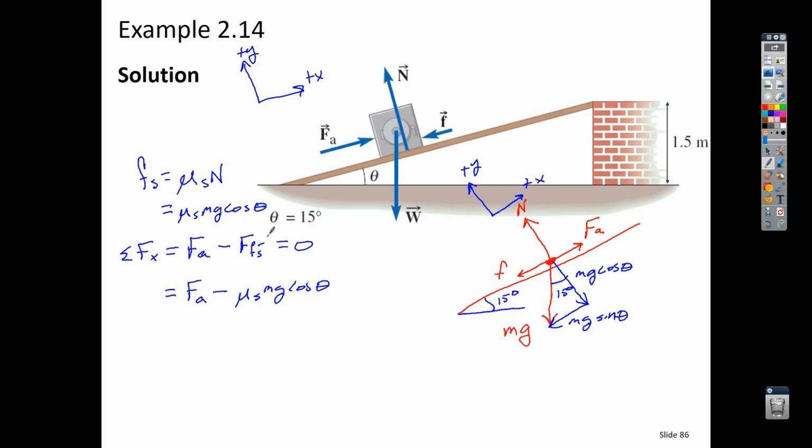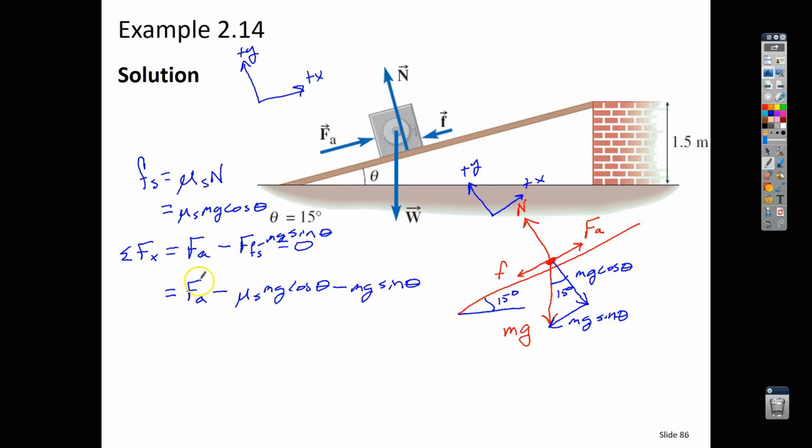We need to also put minus mg sine of the angle. So there is a force of friction acting down to the left. There's a force due to gravity that is acting in the same x direction, and then we're trying to push it in the opposite direction.